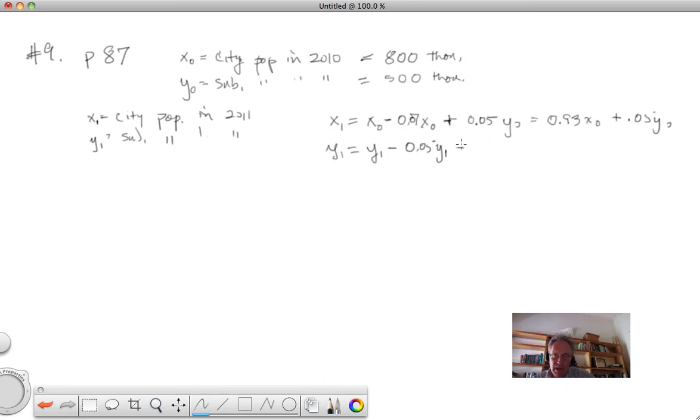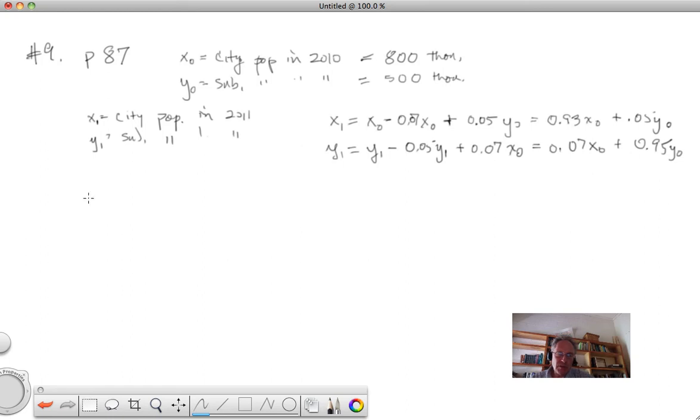And then we add in the 7% of the urban population that moved into the suburbs. So there we have an accounting for all of the different groups, and if you reorganize this a little bit, you can write it as 0.07 x0 plus 0.95 y0.